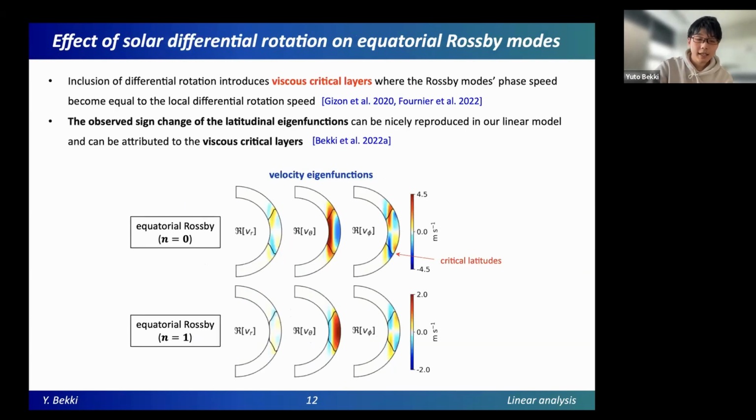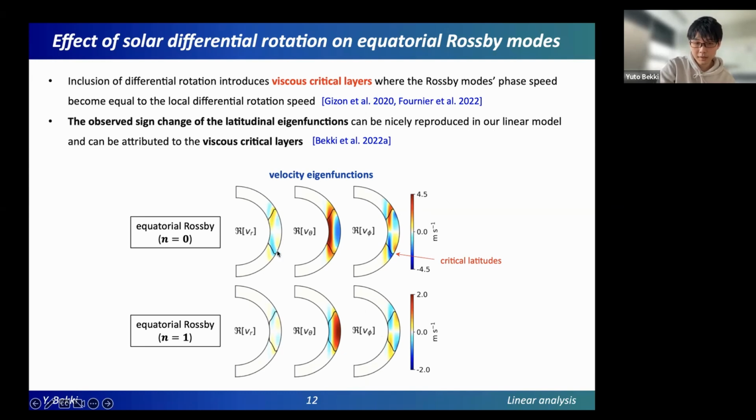So next, the effect of solar differential rotation. Here I show the eigenfunctions of the equatorial Rossby modes with the solar differential rotation included, the differential rotation profile taken from global helioseismology. On the top, I show the eigenfunctions of n equals 0, and on the bottom, n equals 1.